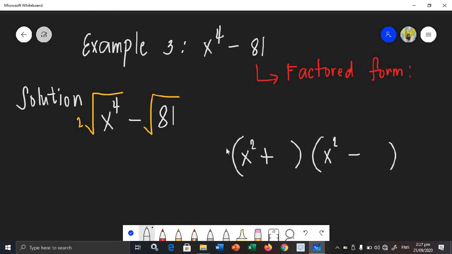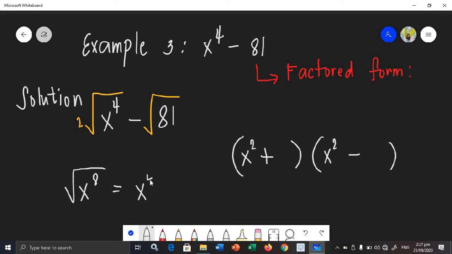Kaya pag binigyan ko kayo ng mga higher level or higher degree, you know how to simplify. So, i-set aside muna natin to. Let's say naman, we will be getting the square root of x to the 8th power. Kakalahatiin lang natin si 8. Okay? So, ang sagot dito ay x to the 4th.